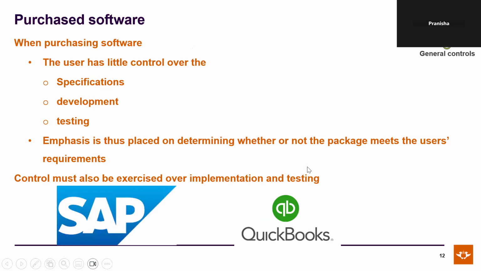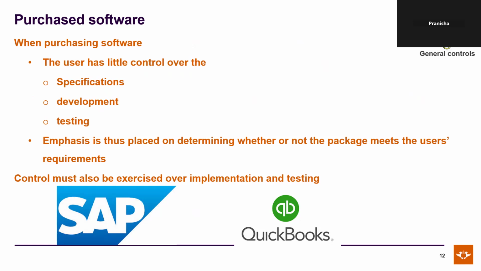The second thing that we're going to look at is purchased software. Within systems development controls we have purchased software, where you could use things like SAP or QuickBooks. It's really making sure that when we purchase software, it actually meets the objectives of our business.